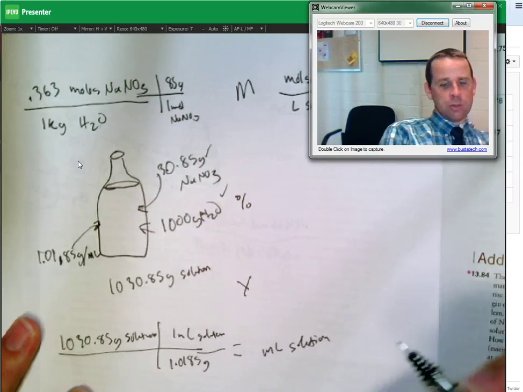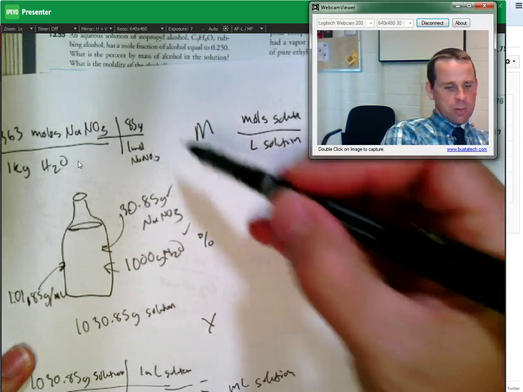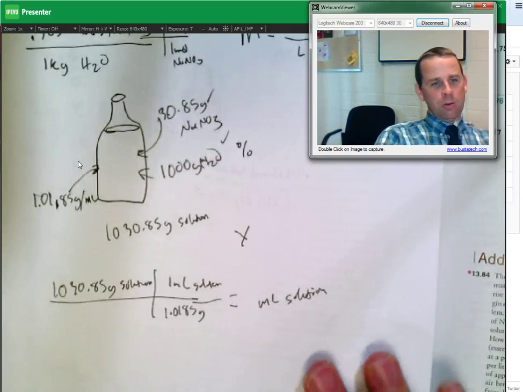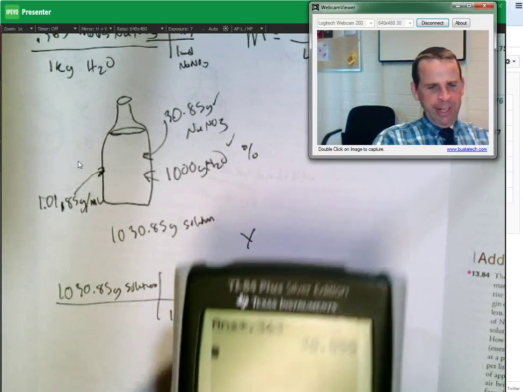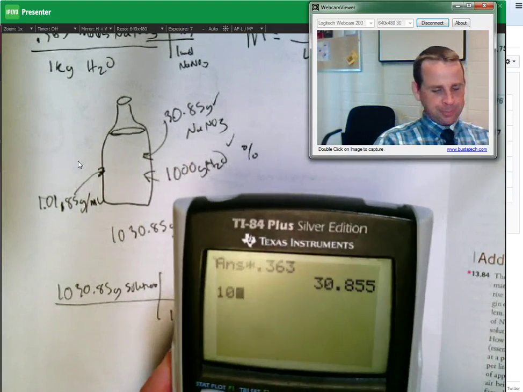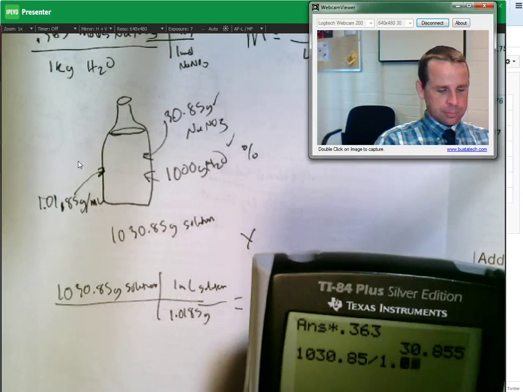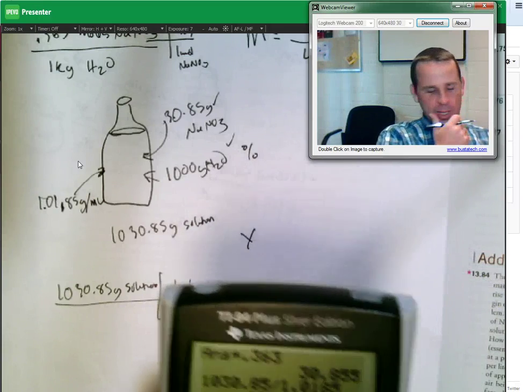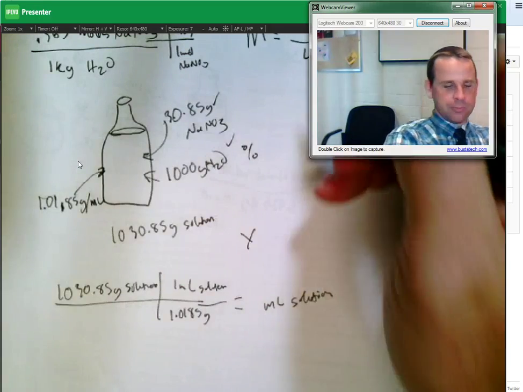Now, why is milliliters of solution important? Because liters of solution is necessary to find the molarity, which is moles of solute per liter of solution. From this, I can find how many milliliters of solution: 1,012.112.